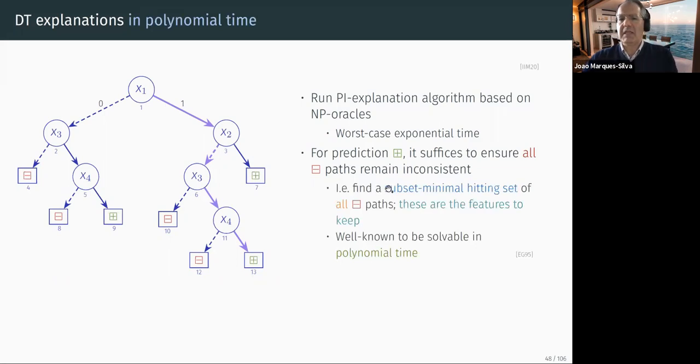So this essentially can be mapped into finding a subset minimal hitting set of all the negative paths. So if I have the negative paths, I want to still hit them, all of them, such that they are inconsistent, and this guarantees that I'm going to get to plus. And finding a subset minimal, not the minimum, just a subset minimal hitting set is known to be solvable in polynomial time. So what I'm trying to say here is that for decision trees, I can compute one PI explanation in polynomial time, okay?